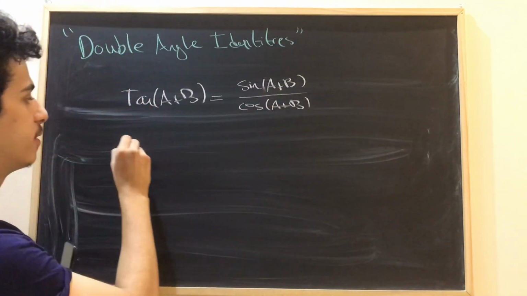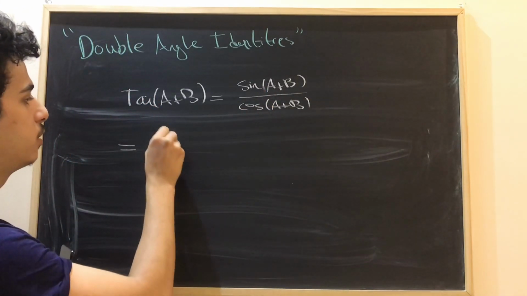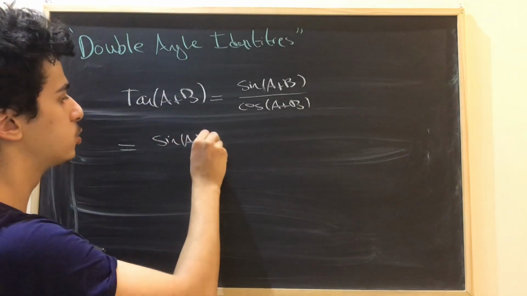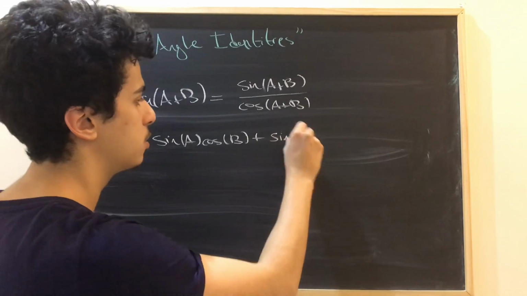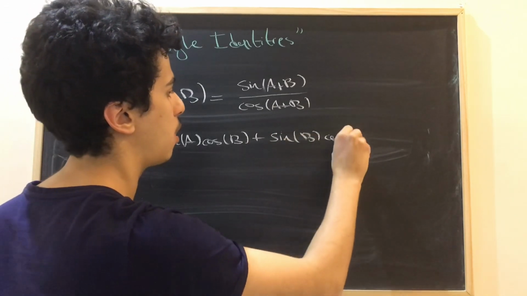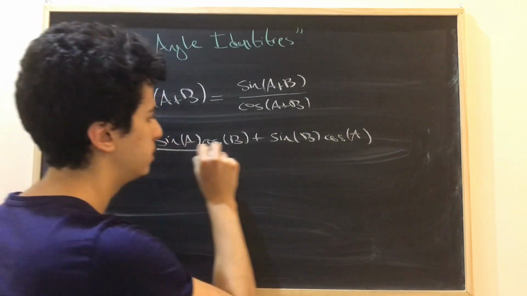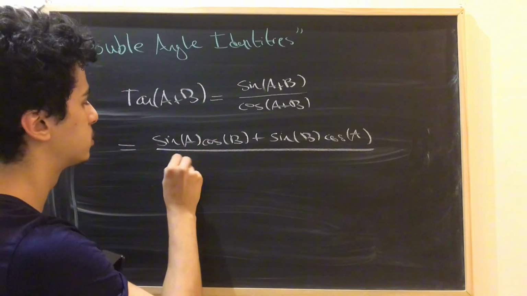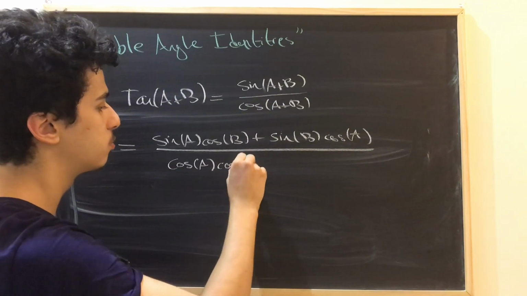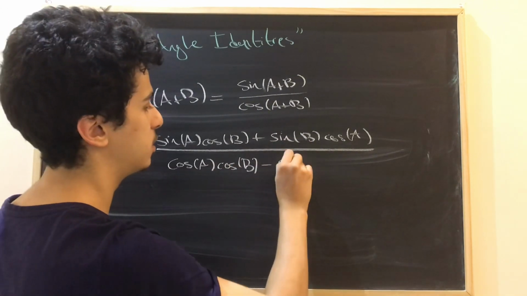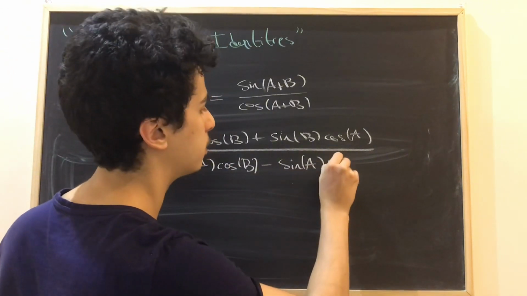Now we can expand this, which equals sine A cosine B plus sine B cosine A, all of this over cosine A cosine B minus sine A sine B.